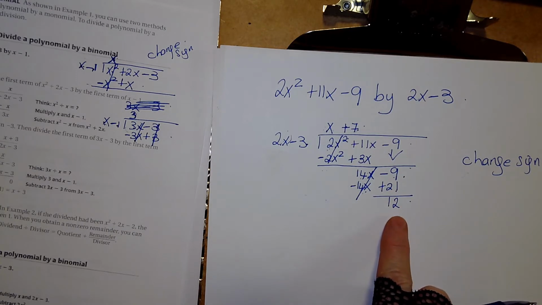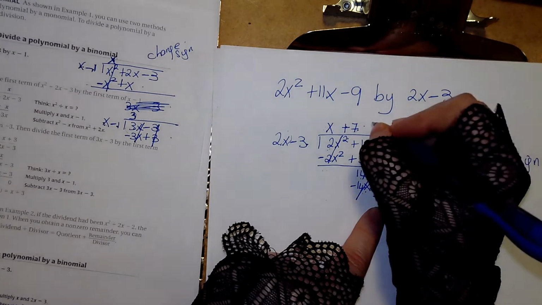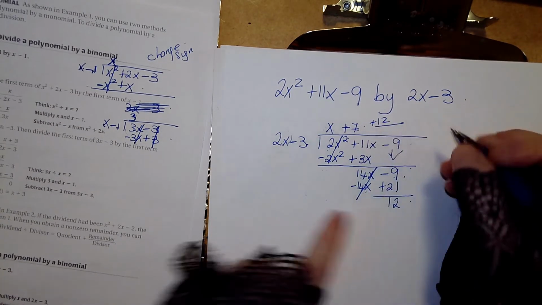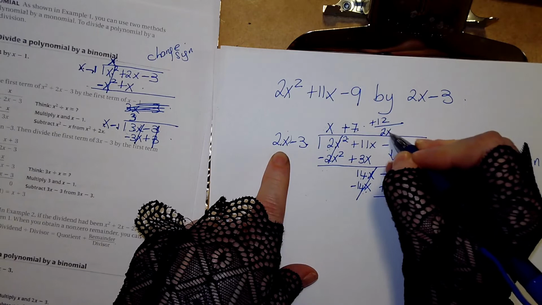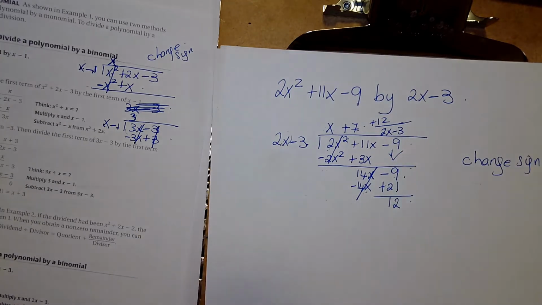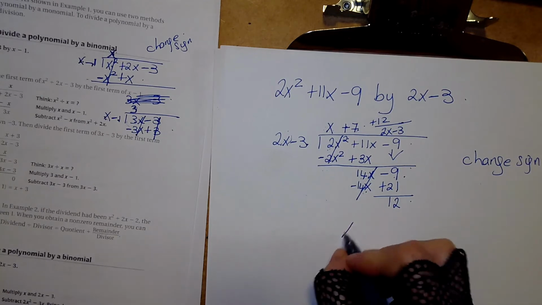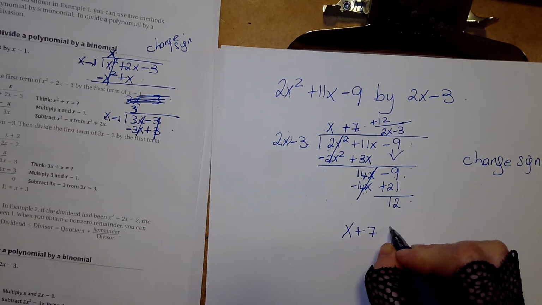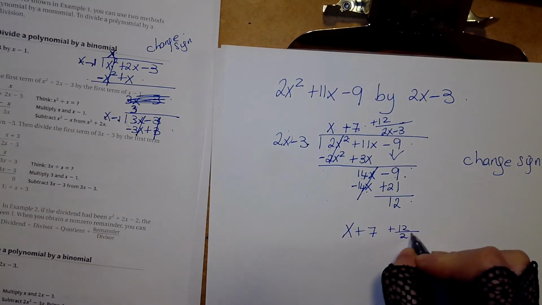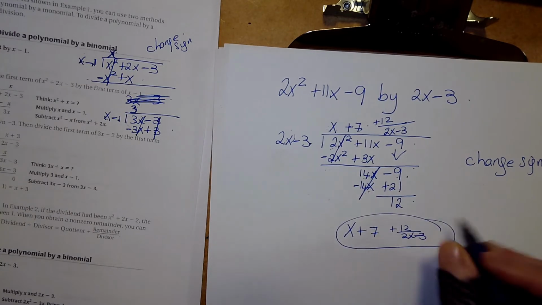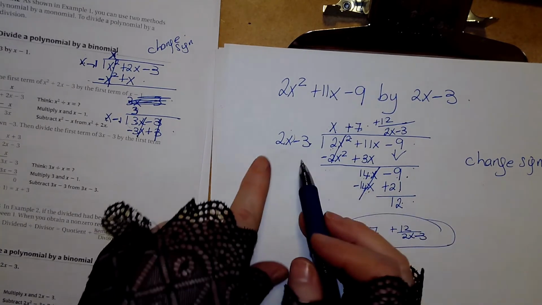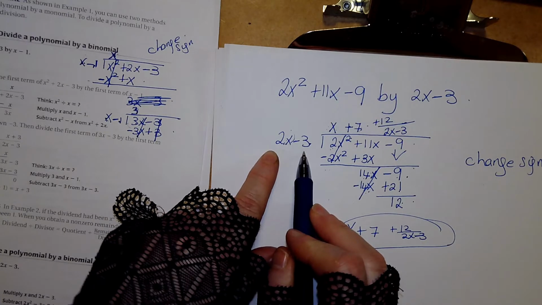So the way that you would write this answer is it's a remainder of plus 12, and you put it over the dividend out here, 2x minus 3. Okay, so your final answer is x plus 7 plus 12 over 2x minus 3. So you put your remainder over what's outside here.